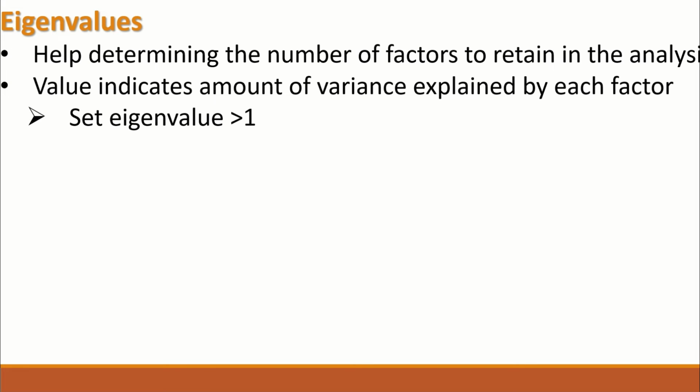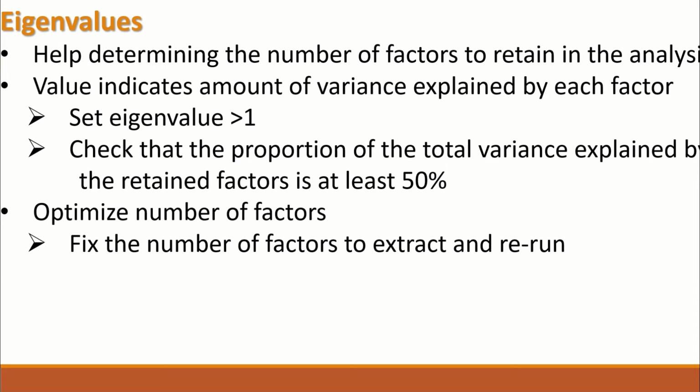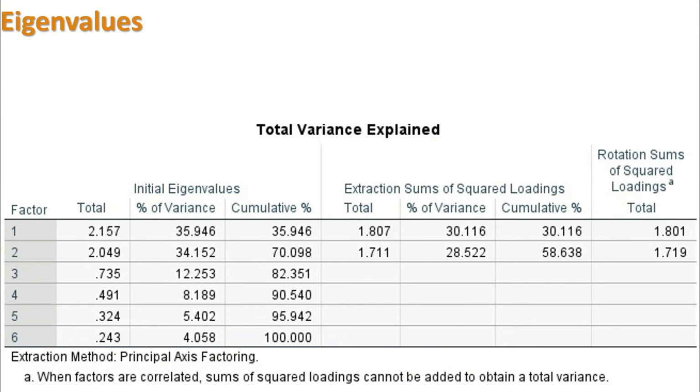Usually by default the eigenvalue is set at a value greater than 1, and the eigenvalues will generate a table, and you need to check the proportion of the total variance explained by the retained factors, and this proportion has to be at least 50% and greater. The eigenvalues can help in optimizing the number of factors and then determining and fixing the number of factors to extract and perform the rerun of the analysis.